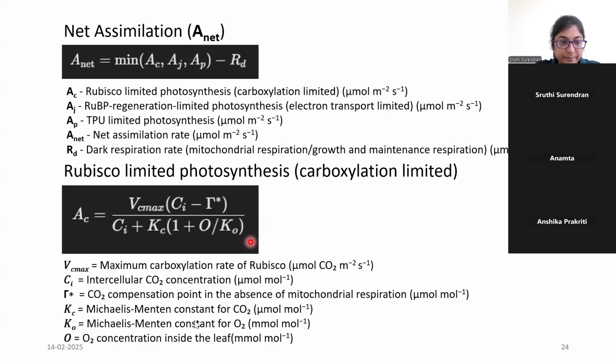Before that, I'll launch one more quiz. I have launched one more quiz. This is just some basic questions on the ACi and AQ curves.